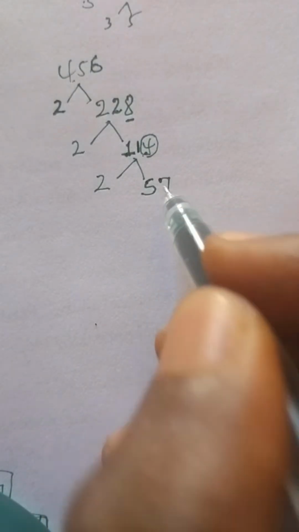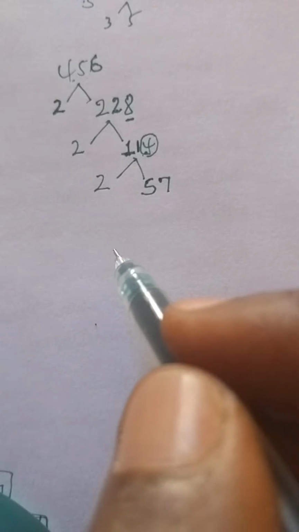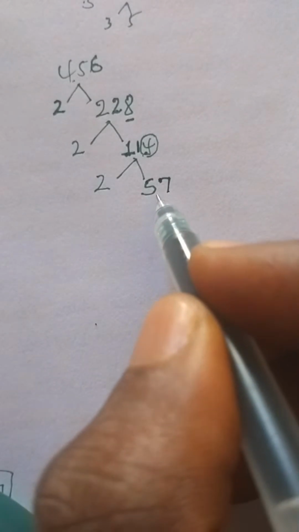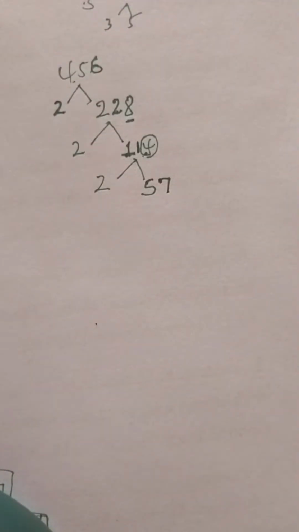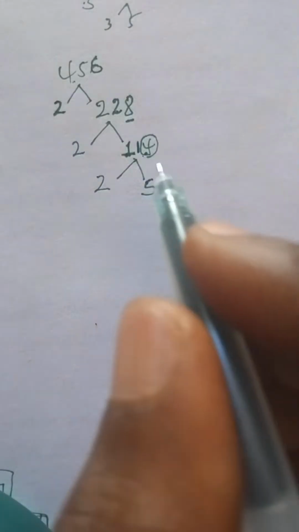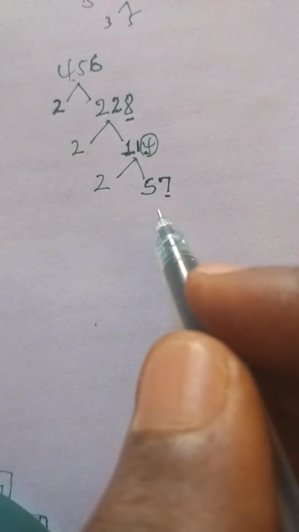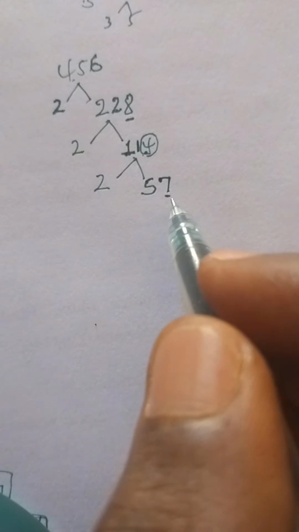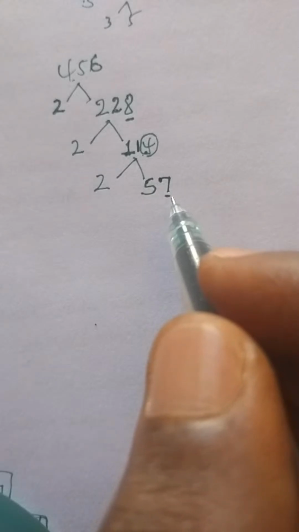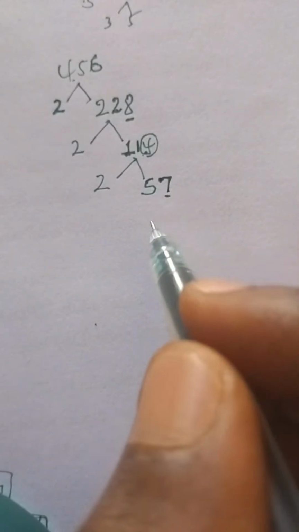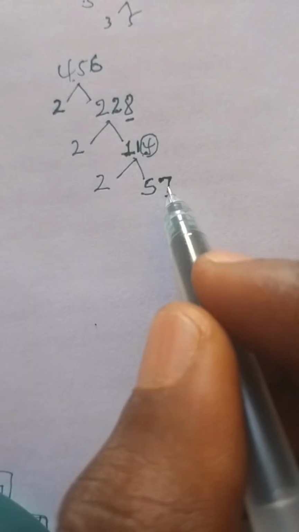Is 57 divisible by 2? No. Why? The last digit is not even, so it is not divisible by 2.